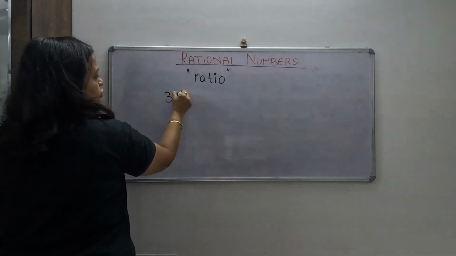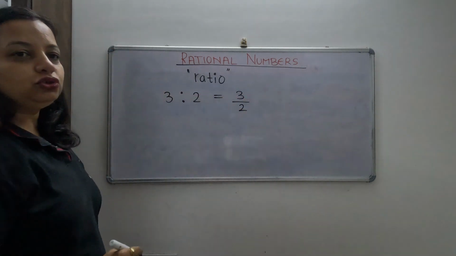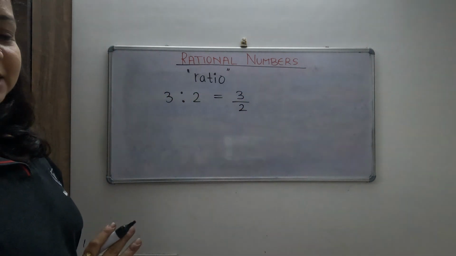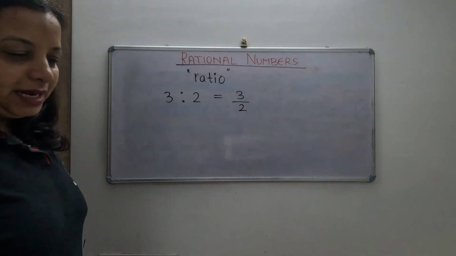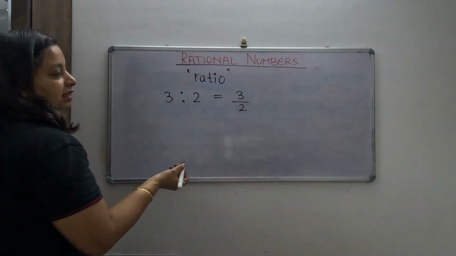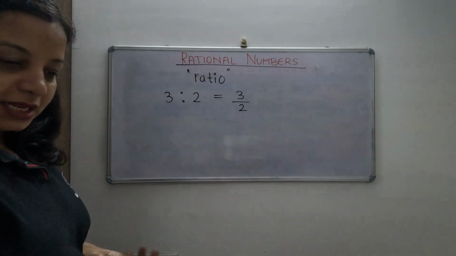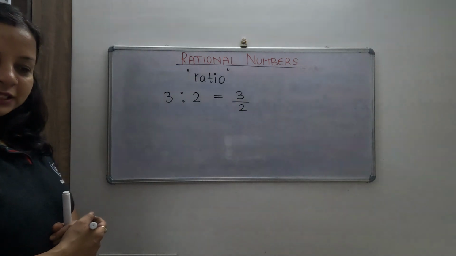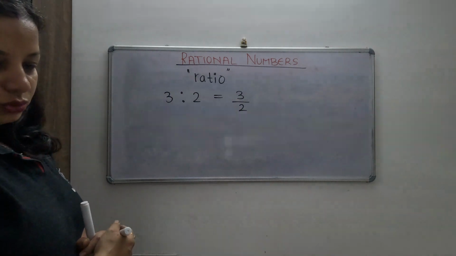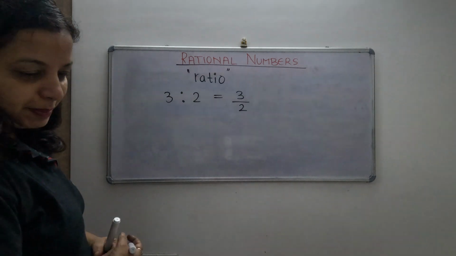Ratio means 3:2, how can you write it? 3/2, right? It's just like a fraction. Similarly, the ratio of two integers p to q can be written in the form p/q. This is the form in which rational numbers are expressed.